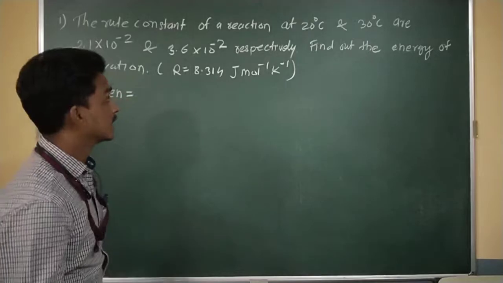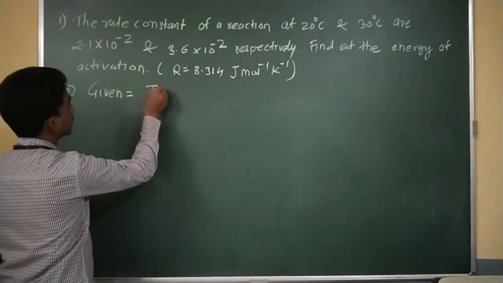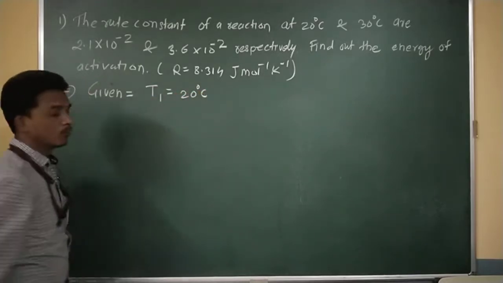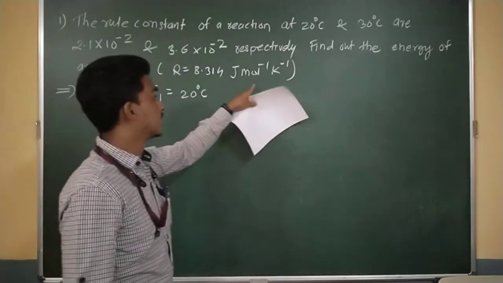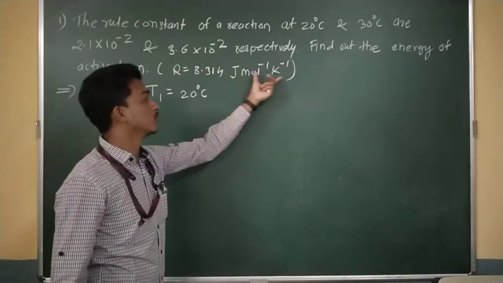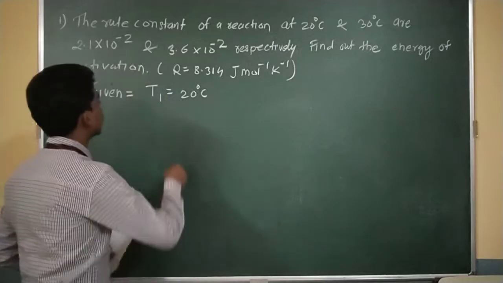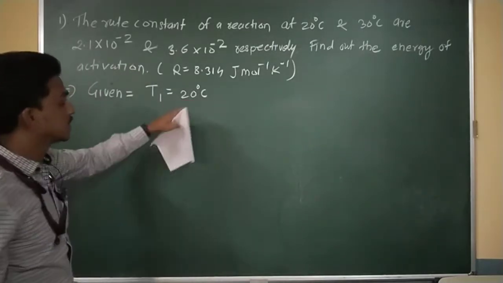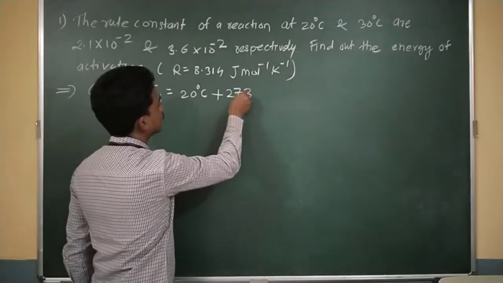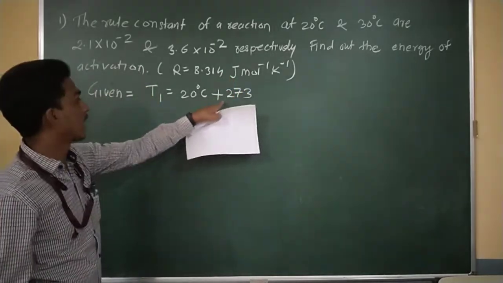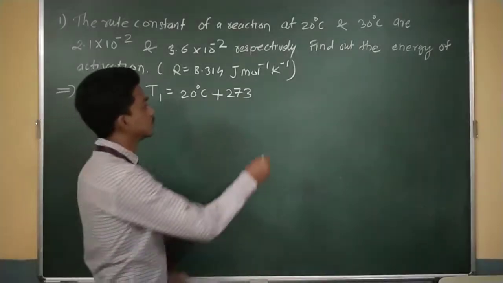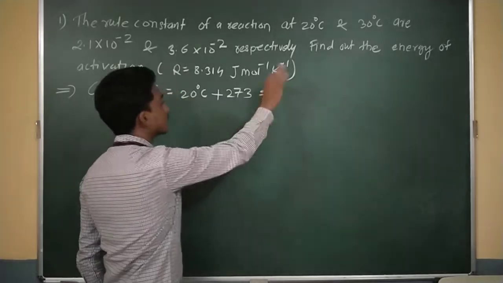I am considering the value of T1 is 20 degrees Celsius, and because the R value is given in Kelvin, I want to convert this degree Celsius into Kelvin. So 0 degrees Celsius means 273 Kelvin, so I will add 20 plus 273 Kelvin.